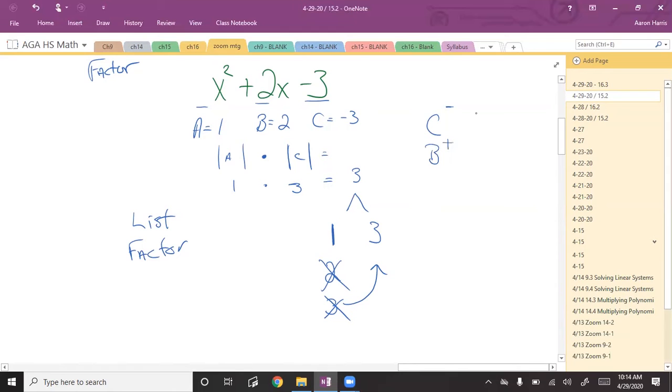So when C is negative and B is positive, in order to multiply and get a negative number, I know I'm going to have a positive and a negative. But B is positive. So the bigger number is going to be what sign? Positive or negative? B? Wait, can you repeat that? So remember I did the graphic organizer?